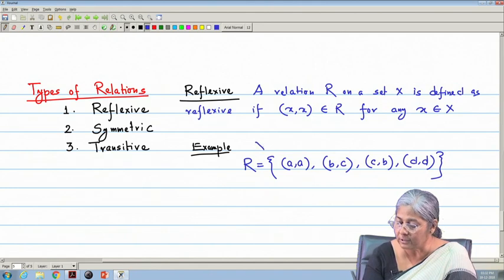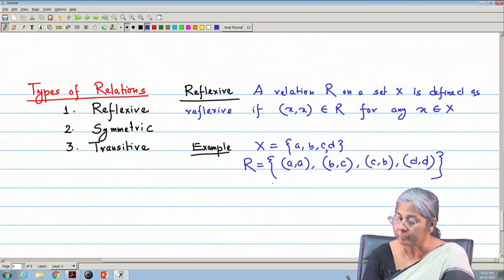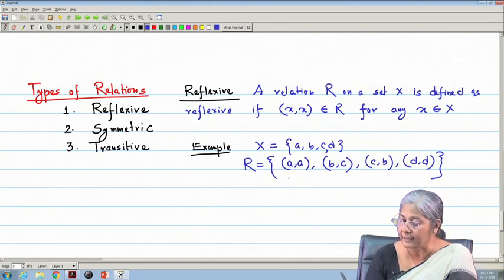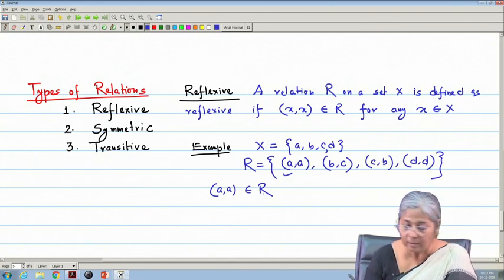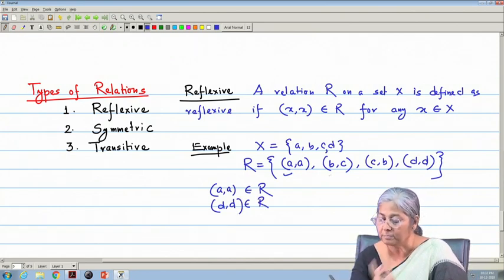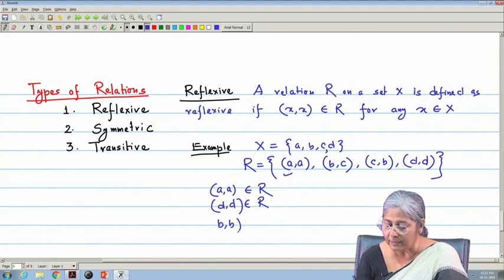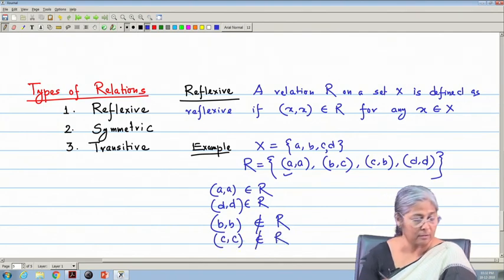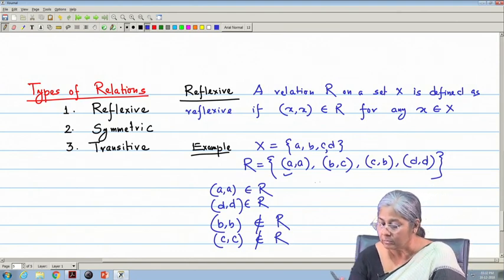So, R is defined on set X, which has 4 elements A, B, C, D. Now, we see here that for A, (A,A) belongs to R, and (D,D) belongs to R, but we see that (B,B) does not belong to R, or (C,C); that pair is also not in R. So, this is not reflexive.